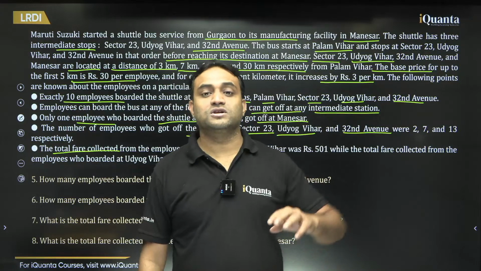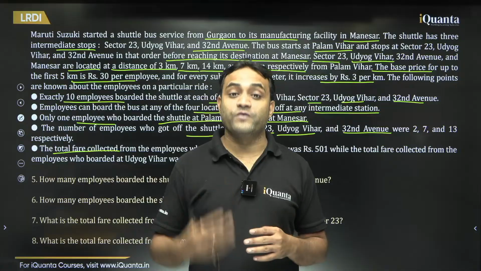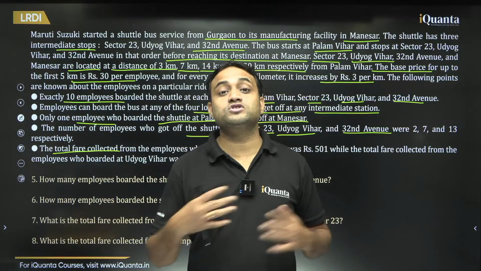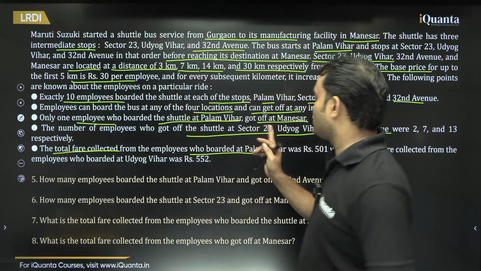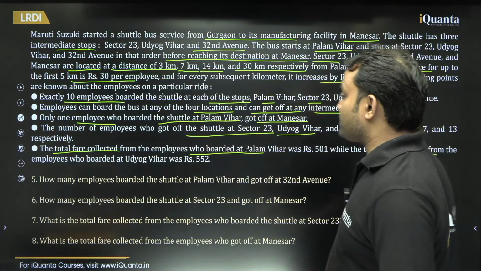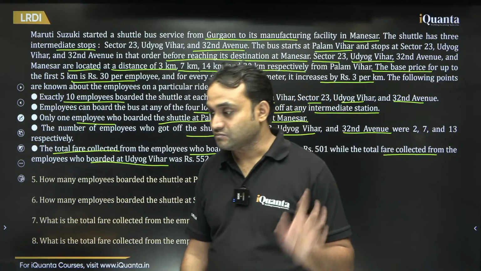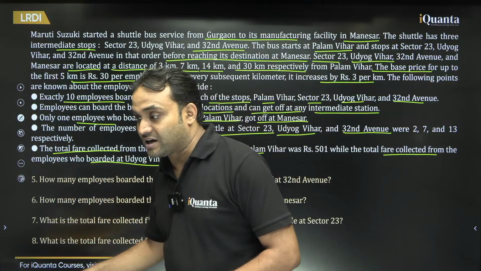So there are a total of 10 employees who boarded at Palam Vihar, and the total fare collected from those 10 employees is 501 rupees. The total fare collected from the employees who boarded at Udyog Vihar was 552.